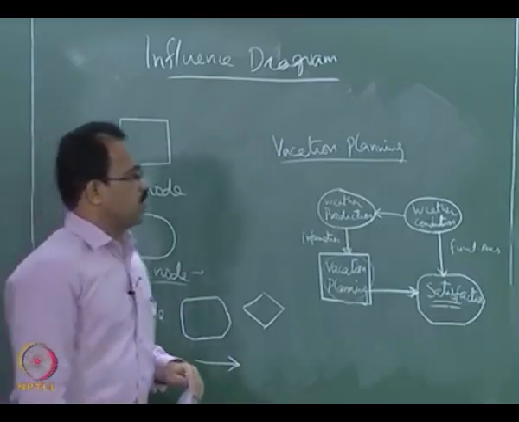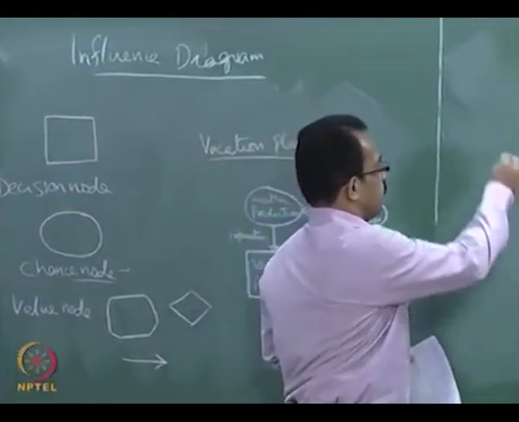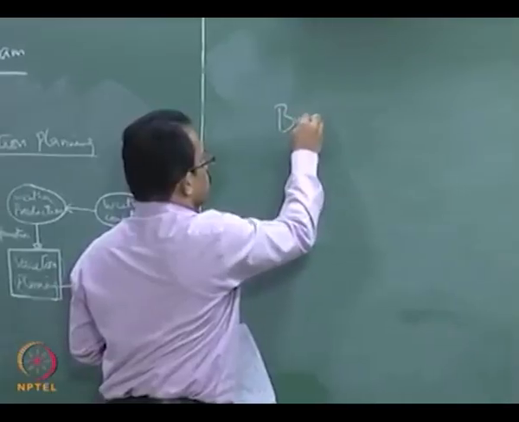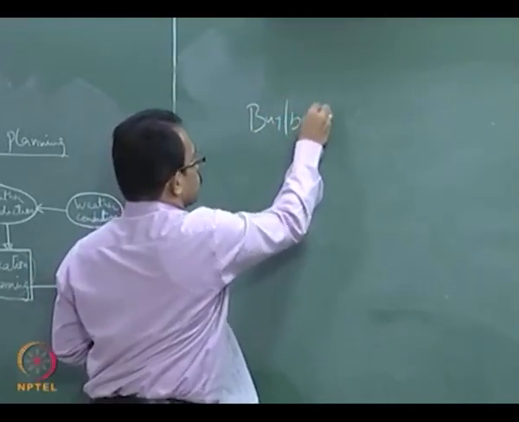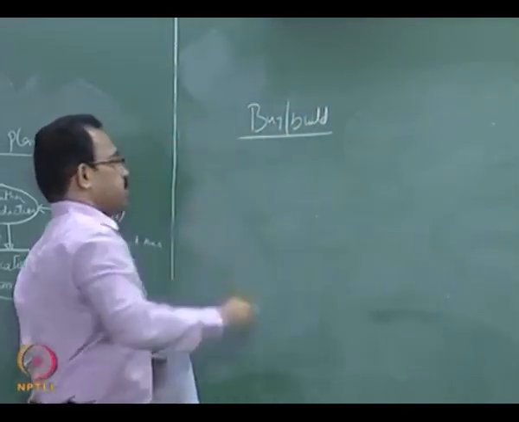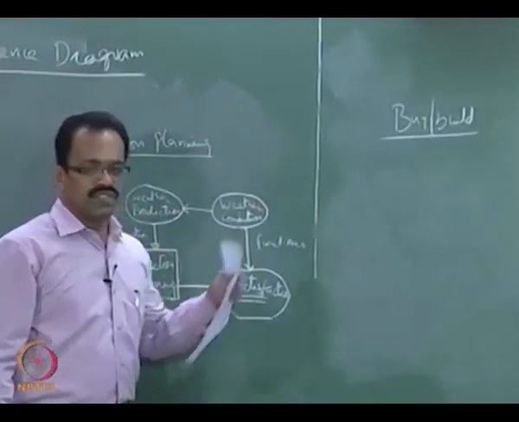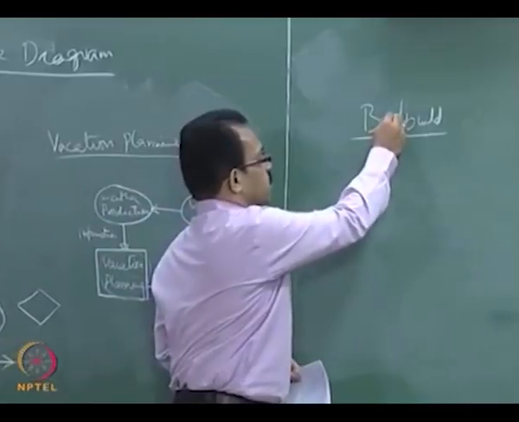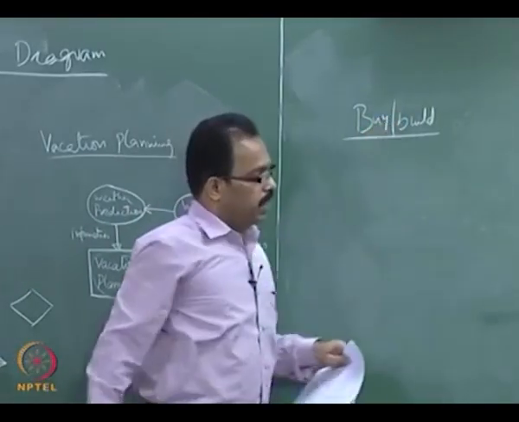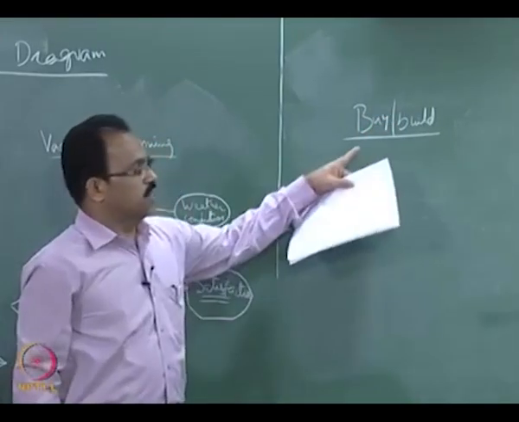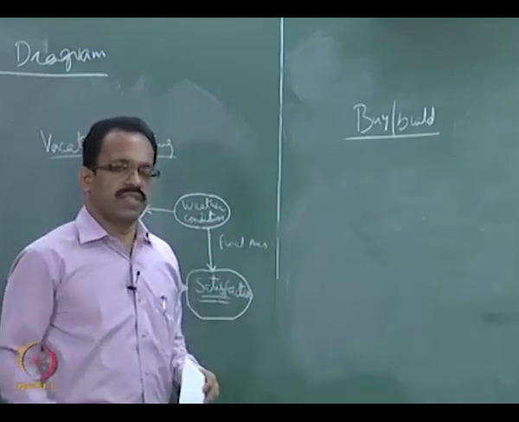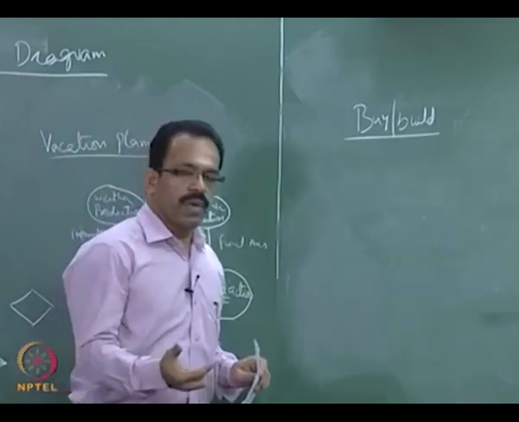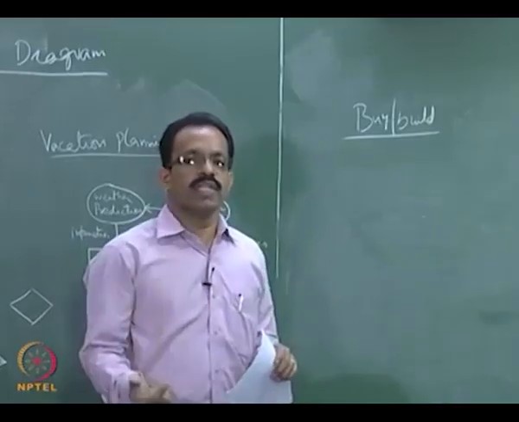I can show you another example where the company wants to make a decision on buy or build. So we developed a decision tree for this particular case. In the last class we discussed how to make a decision tree for this buy or build decision, whether a company wants to buy a particular product or make the product themselves.